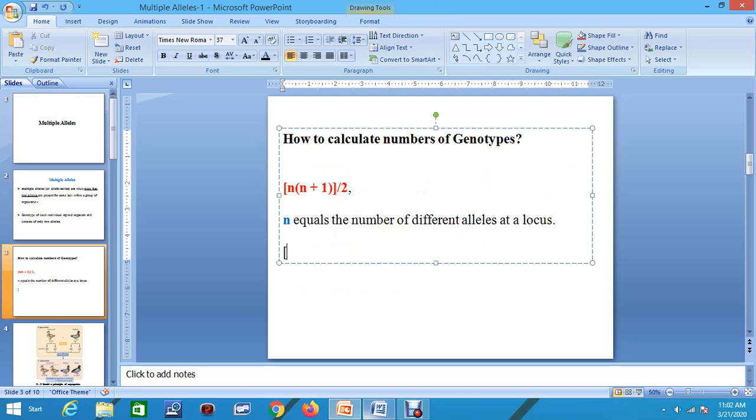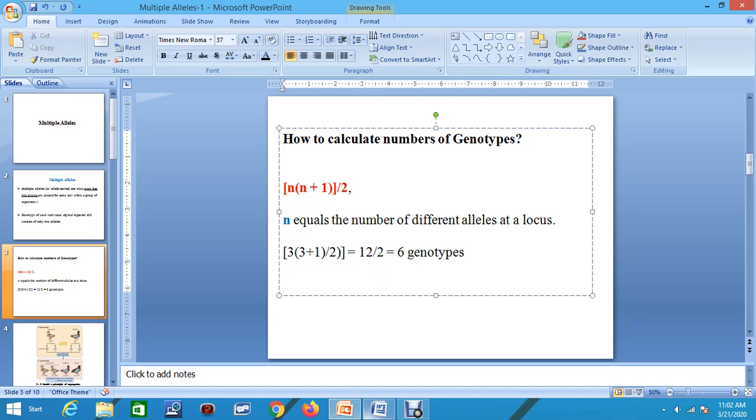We will calculate it as 3(3 plus 1) divided by 2. So what will be the answer? 4 will be in the bracket, 3 will be outside. So 12 divided by 2. So we will have 6 genotypes, 6 genotypes when we have 3 alleles for a single locus.